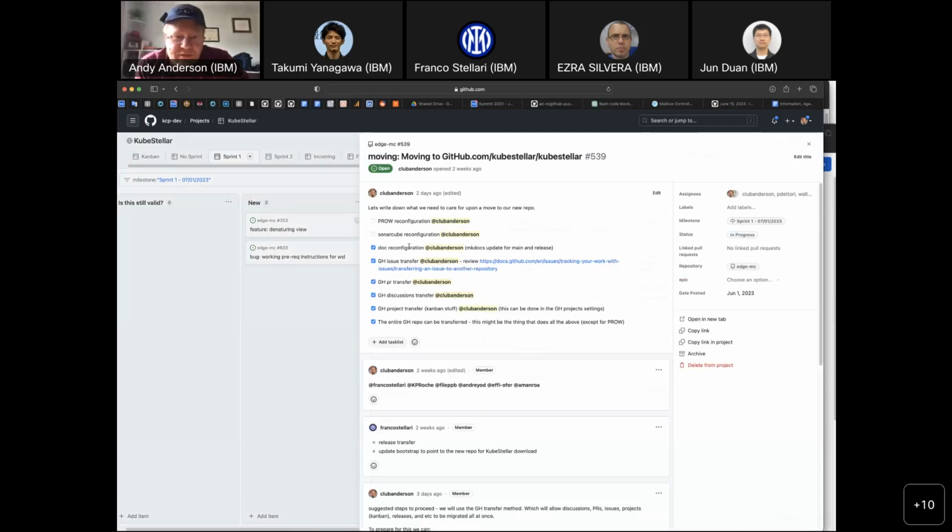I was able to keep settings like branch protection, doc settings, and GitHub pages. I was able to see actions running, and transfer PRs and issues. The projects you had to bring over separately: you had to make a copy and then remove the old one. So the entire repo can be transferred.